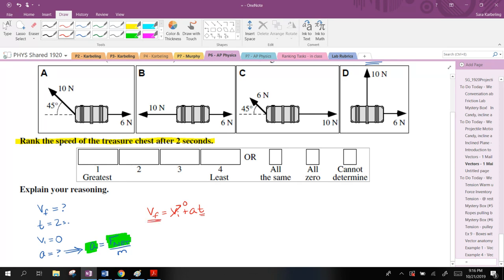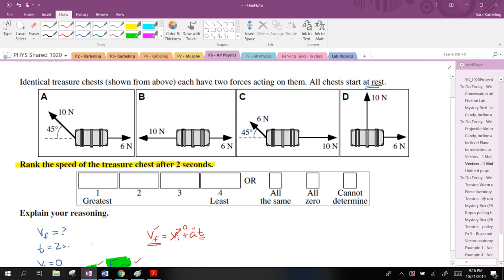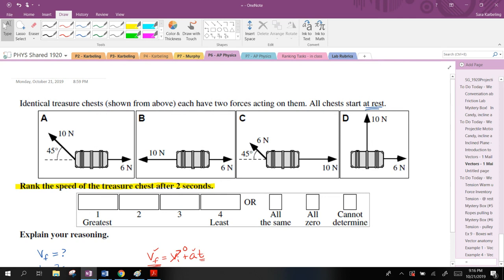Let me say that one more time. I want to rank the final velocities. If I know that the net force is bigger, then I know the acceleration is bigger. If I know the acceleration is bigger, I know the velocity is bigger. So really what this question is asking, in a roundabout way, is for us to rank the net force.